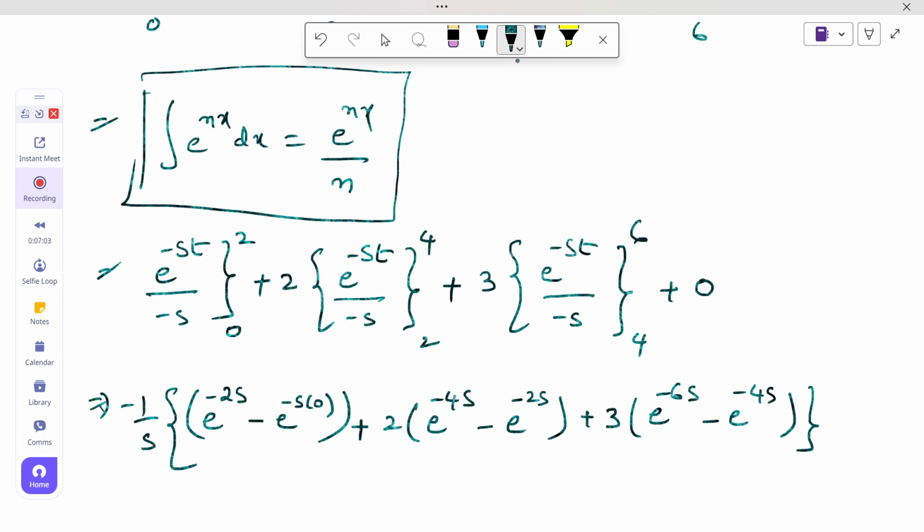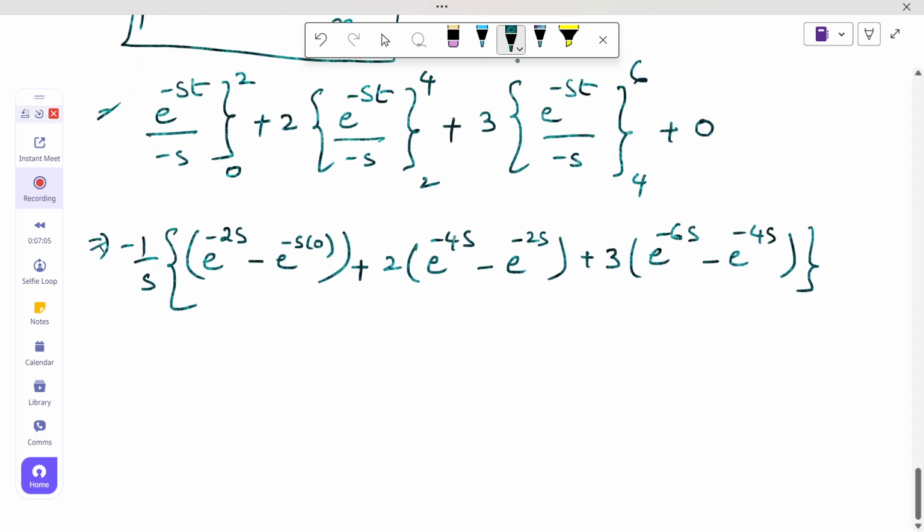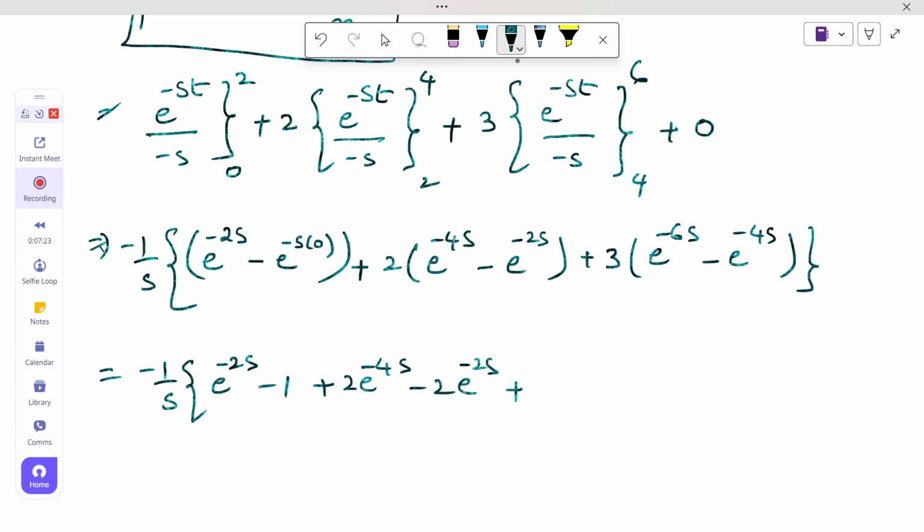Now simplifying, it equals minus 1 by s of e to the power of minus 2s minus 1, plus 2 e to the power of minus 4s minus 2 e to the power of minus 2s, plus 3 e to the power of minus 6s minus 3 e to the power of minus 4s.